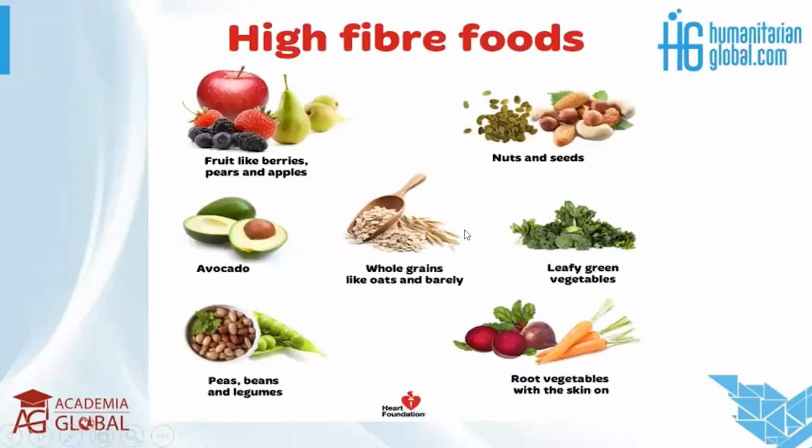Examples of high fiber foods are fruits, nuts and seeds, avocados, peas, beans and legumes, whole grains like oats, barley, maize, millet, leafy green vegetables, and root vegetables. Those are a few examples that I have picked for you so that you can be familiar.